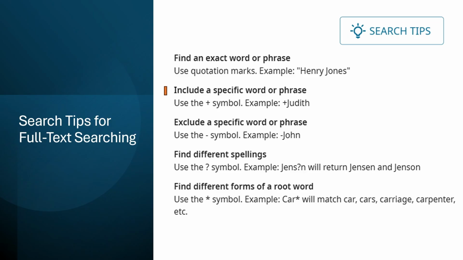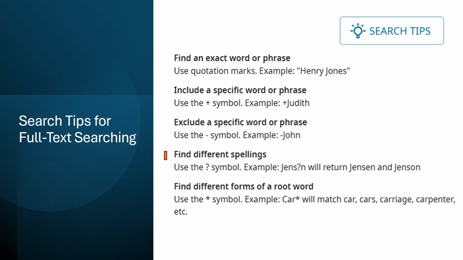If you type Henry plus Jones without quotes, it'll show you all images where Jones and Henry are in the same image. If you do the exact opposite, where you put Henry minus Jones, that will show all images that have Henry on them, but not Jones.